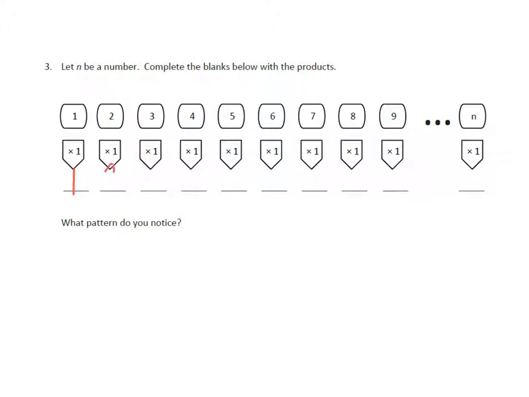2 times 1 is 2, 3 times 1 is 3, 4 times 1 is 4, 5 times 1 is 5, 6 times 1 is 6, 7 times 1 is 7, 8 times 1 is 8, 9 times 1 is 9. So if n was a number and I were to multiply it by 1, I would get n, because remember, anything times 1 is itself.